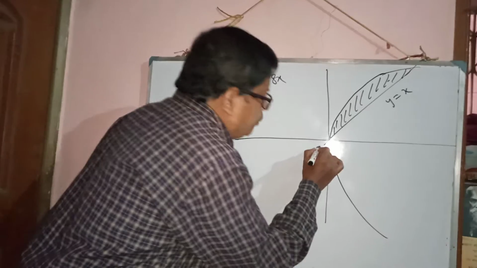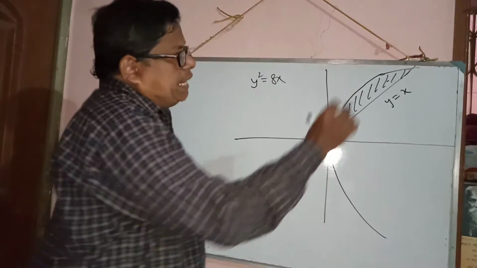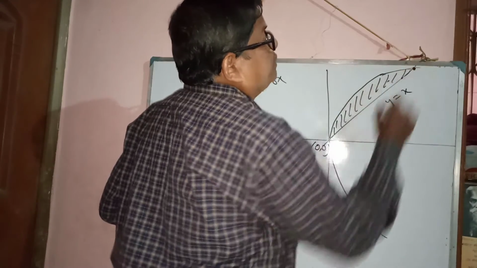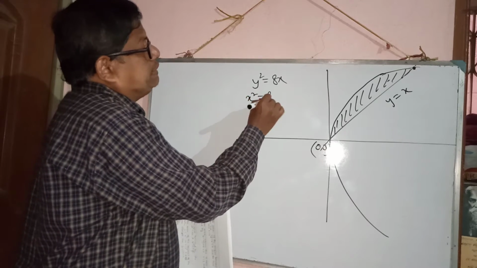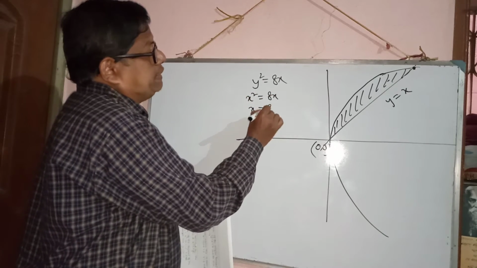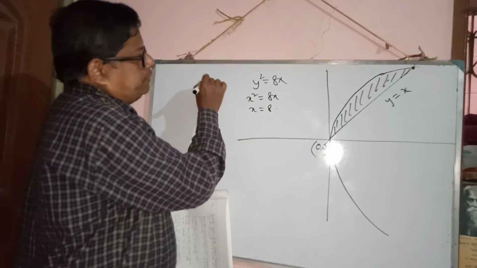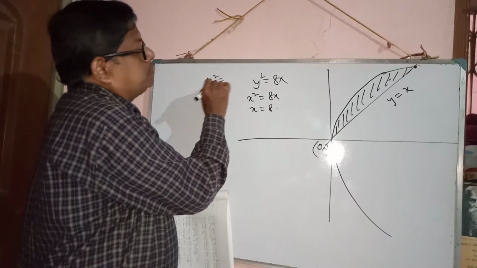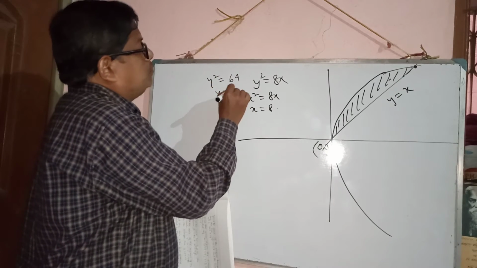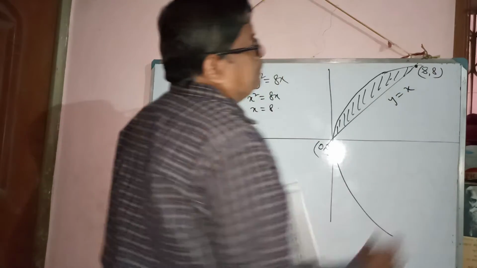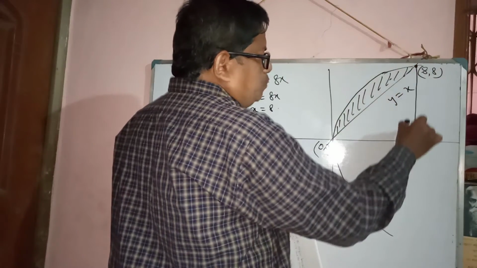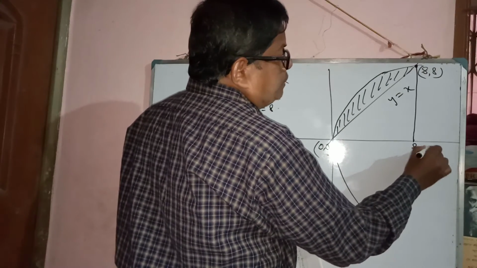Similarly, first find the points, 0, 0 and this point. Put y equal to x, so x square equal to 8x, then x equal to 8. If x equal to 8, then y is also 8, so this point is 8, 8. Now this is 8, 0.